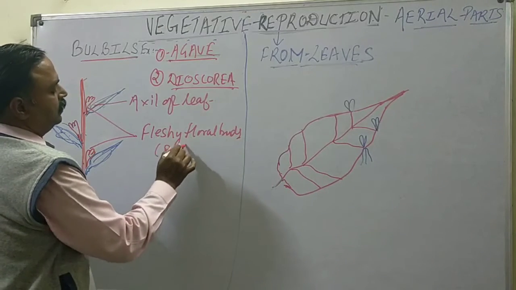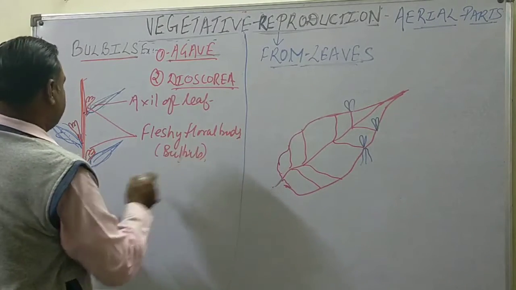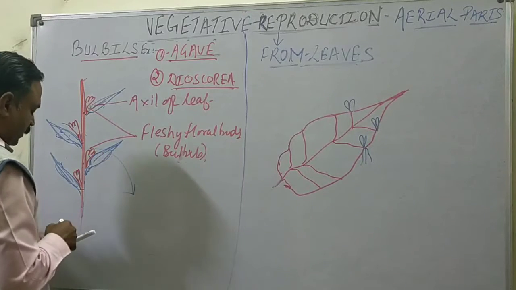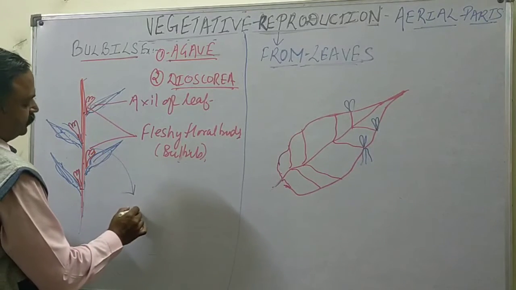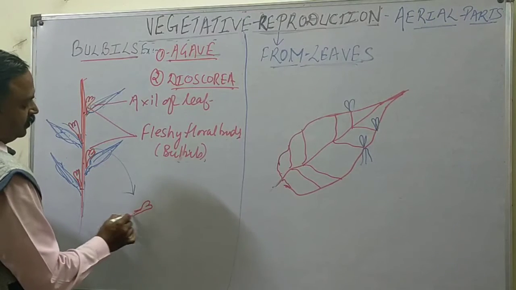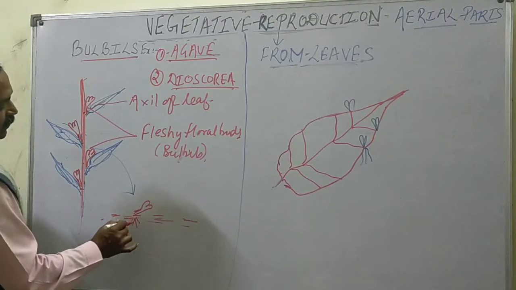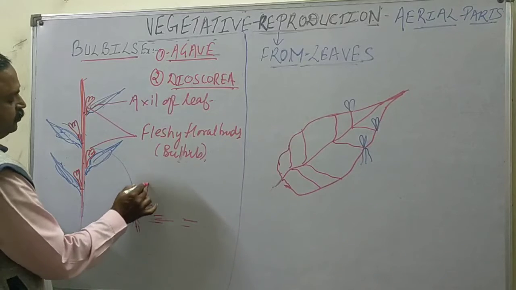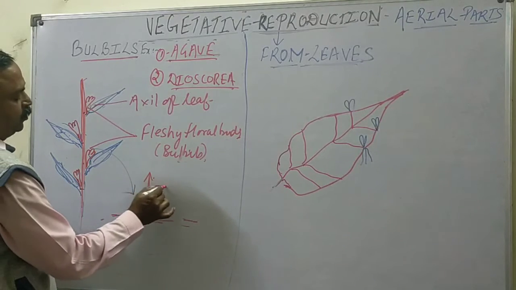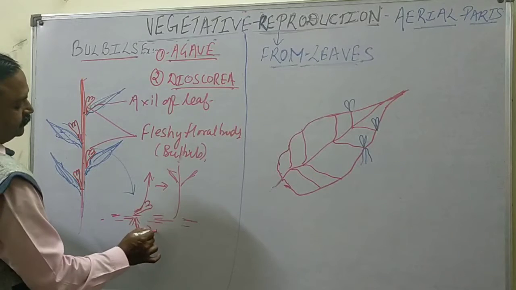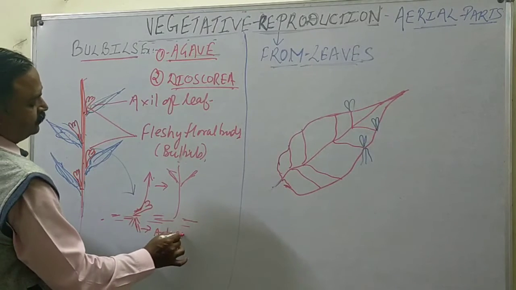These bulbils detach from the parent plant, fall on the soil surface, strike adventitious roots, and this bud develops into a new individual. This is the adventitious root.